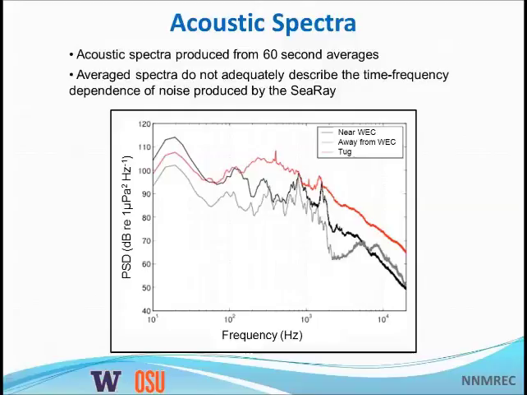However, due to the periodicity of some of these wave energy devices, it makes a lot of sense to both present average data like these individual spectra, but it's necessary to provide more detailed time frequency data to really say anything about what type of noise these devices are creating. Can I get the next slide, please?